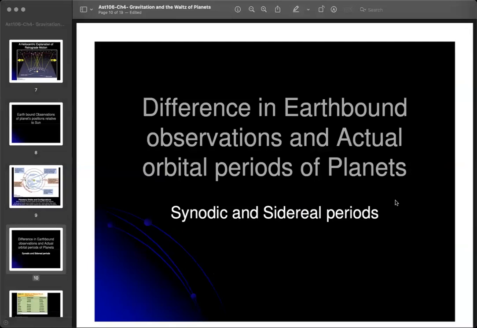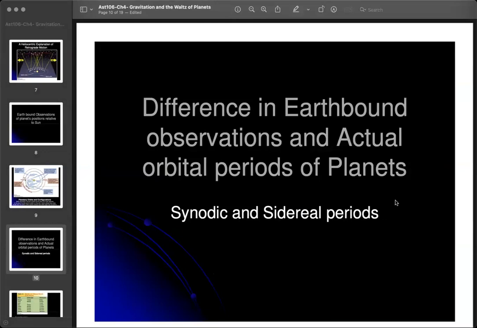Difference in earthbound observations and actual orbital periods of planets: synodic and sidereal periods. By now, you must have gotten more familiar with the word sidereal. We have used this in terms of differentiating between solar day and sidereal day, and then synodic month and sidereal month.